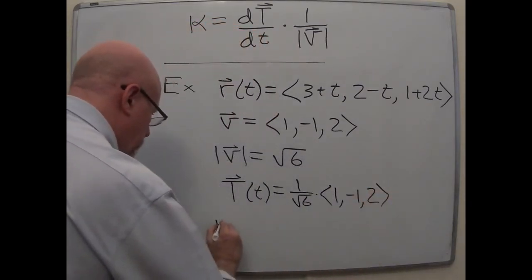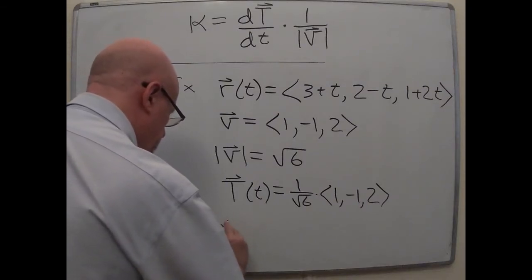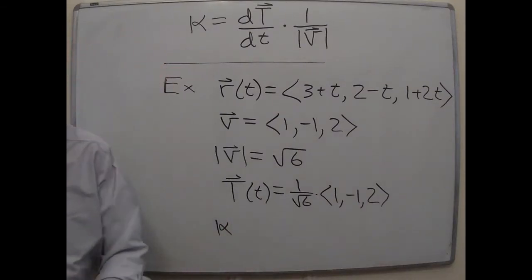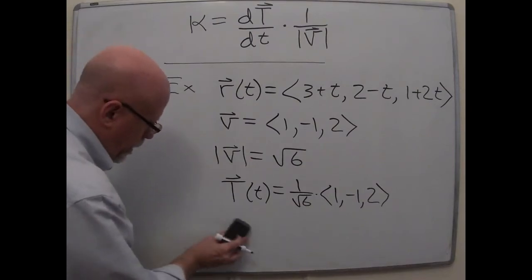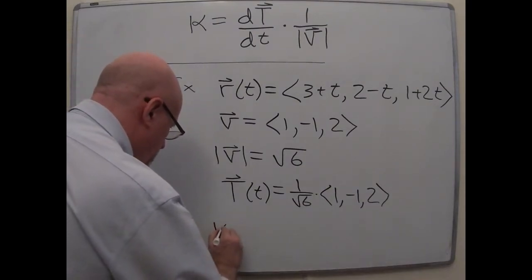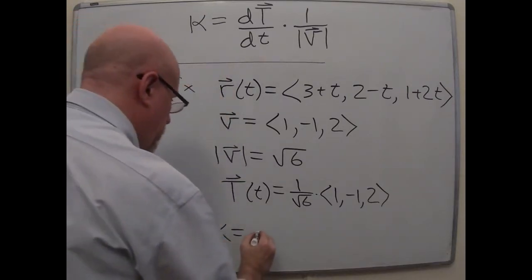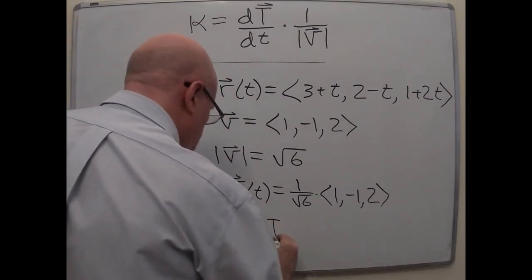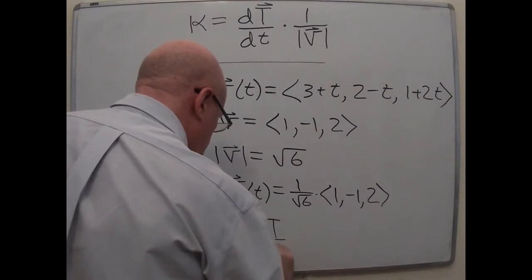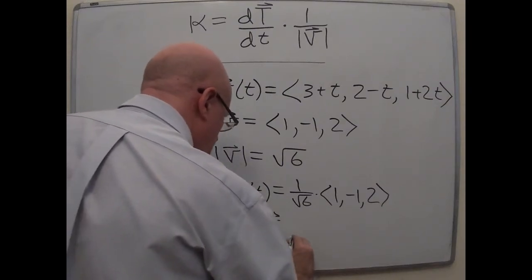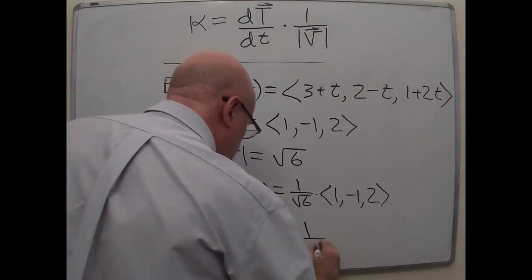And then the curvature, that's a really poor kappa. I'm going to fix that one. The curvature, using this expression, we take the derivative of our tangent vector with respect to time, and we divide it by the speed.